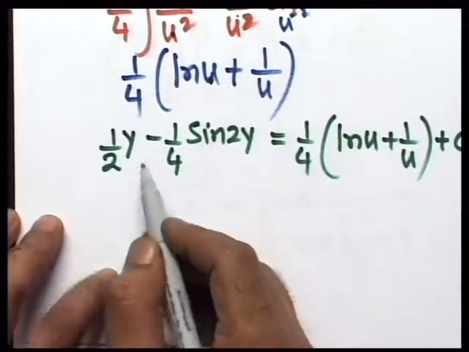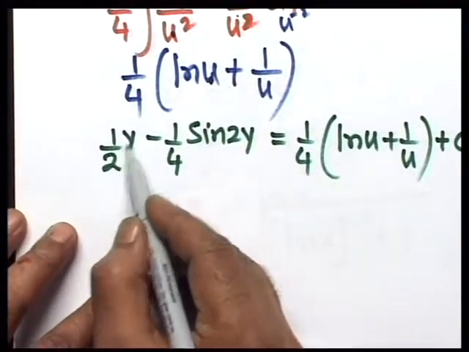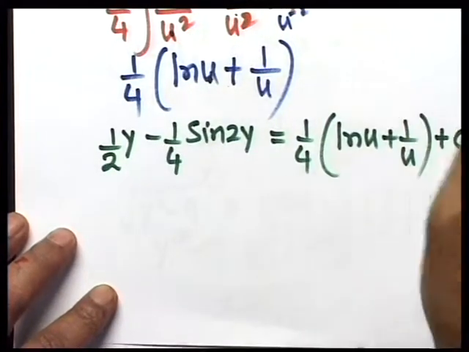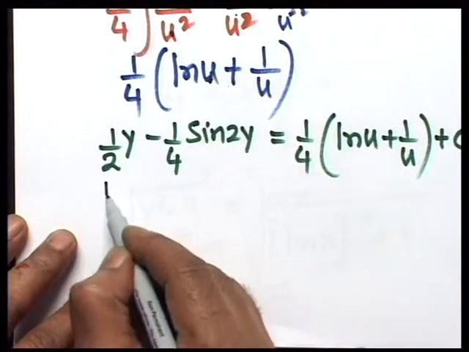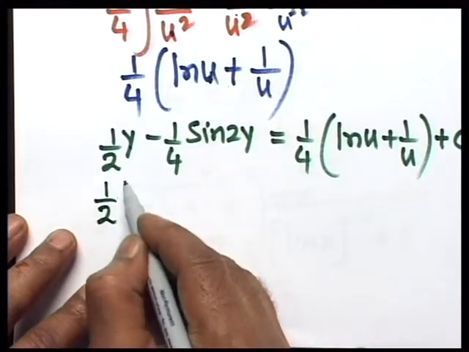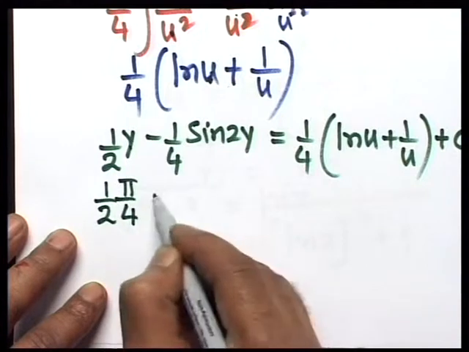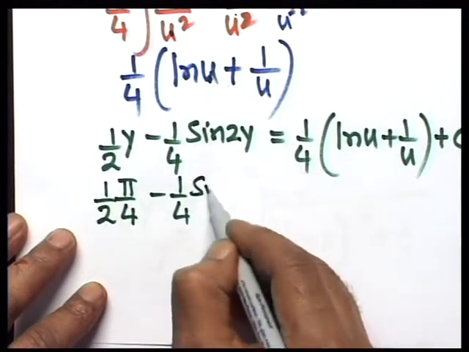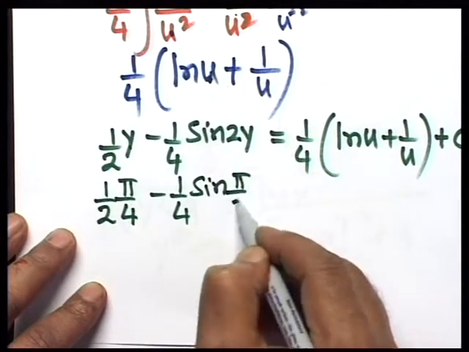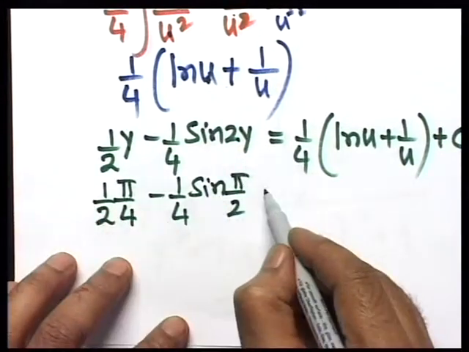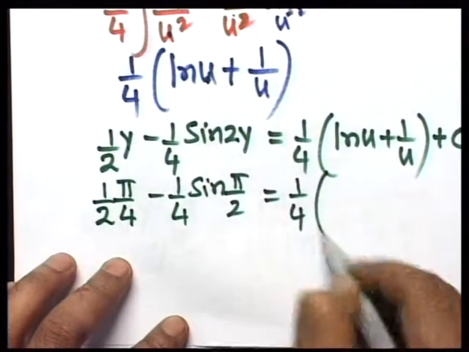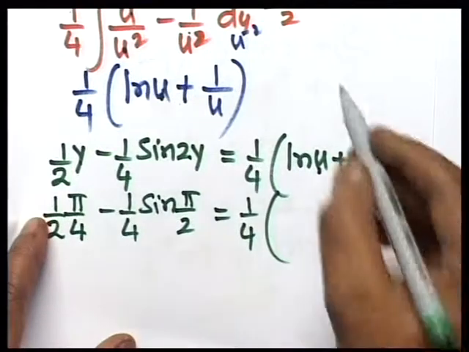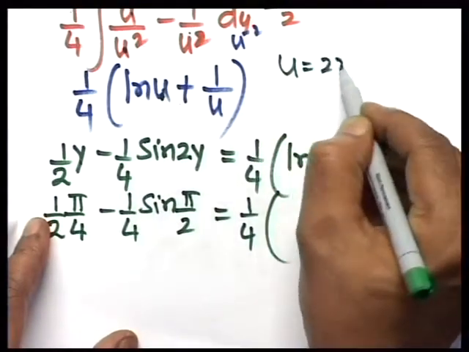Right. Initial conditions. Now half y, and y is pi over 4. Watch. Minus a quarter sine 2y is actually sine pi over 2, because y is pi over 4, equals 1 quarter inside the bracket natural log u. u was, watch there, 2x plus 1, right?